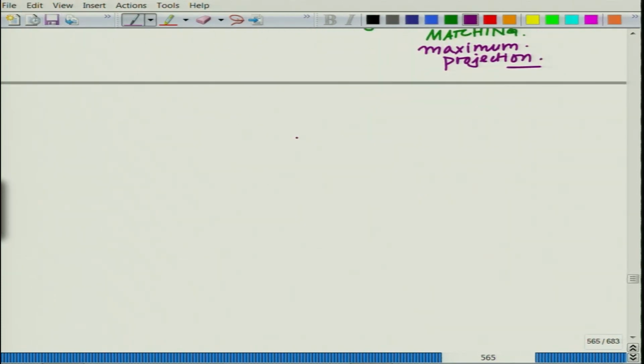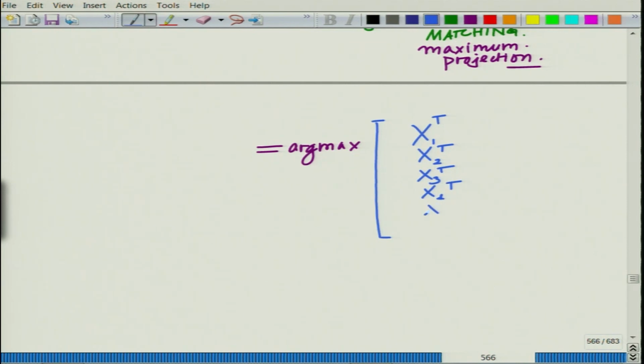Now another way to do it is I can simply look at x transpose, because x transpose will essentially contain the columns, that is x1 transpose, x2 transpose, x3 transpose, x4 transpose, x5 transpose, and x6 transpose, times y bar.